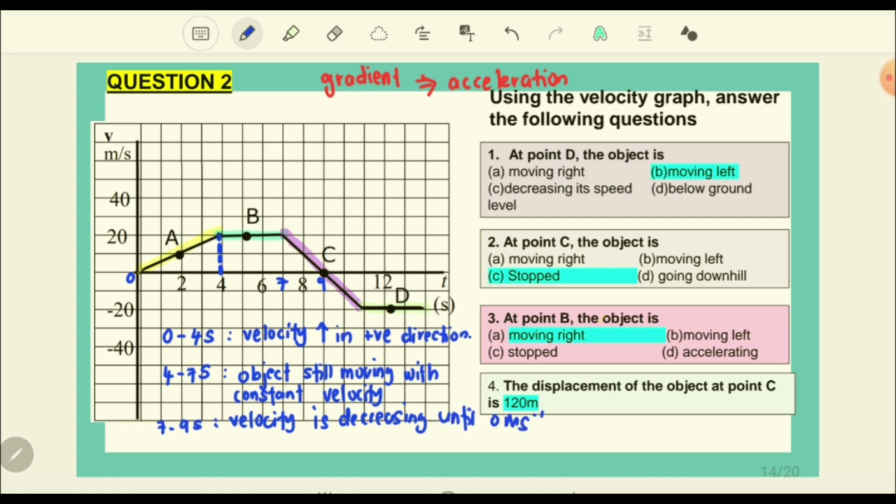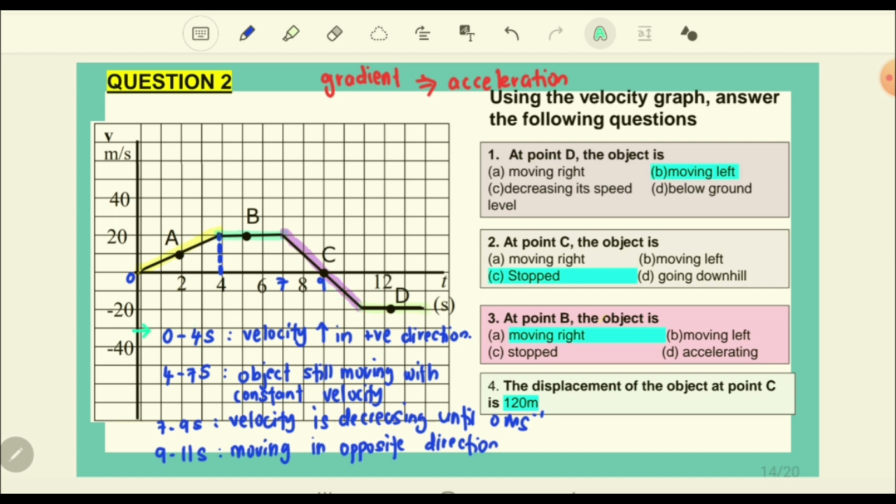And from 9 to 11 seconds, the object is moving in the opposite direction. It turns back, and the velocity is increasing. Look at here, from 9 to 11, it starts at 0 meter per second, then goes 10, 20, 30.